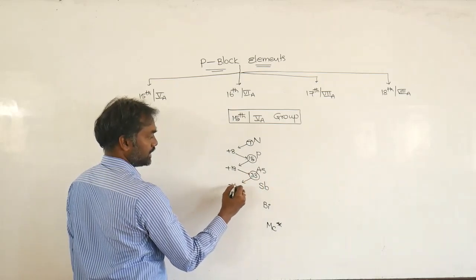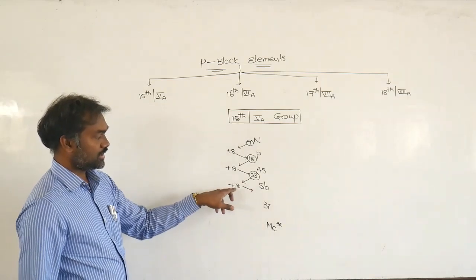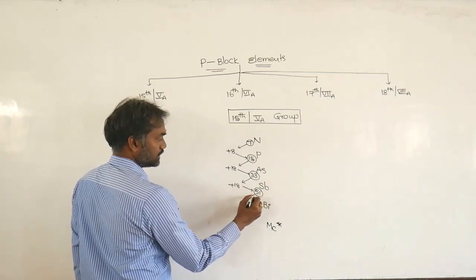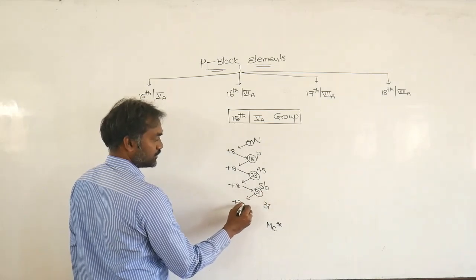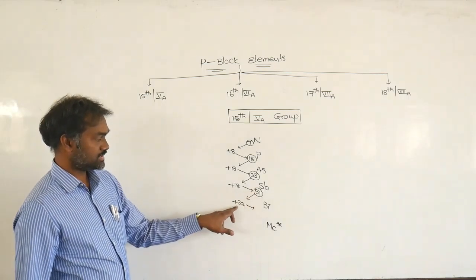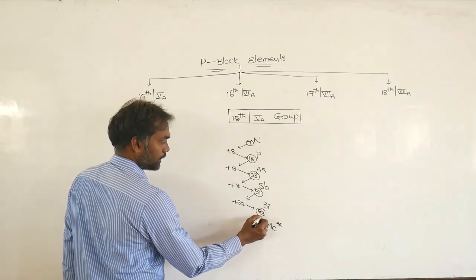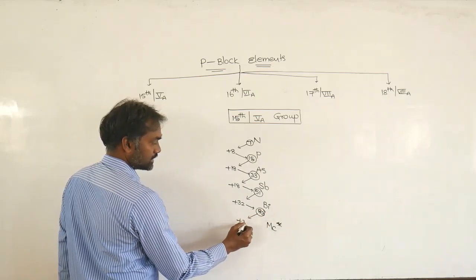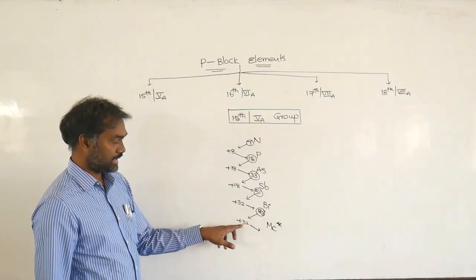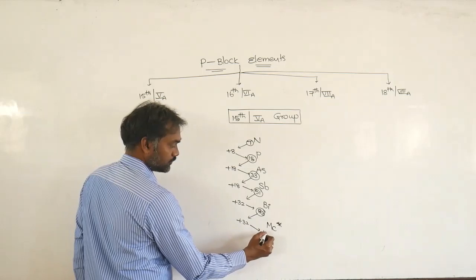Next you add 18, so 51. Next you add 32, so 83. Now again you add 32, so you will get 115.